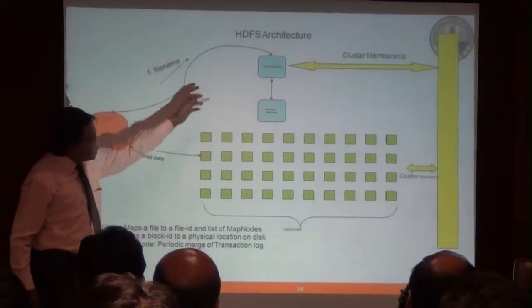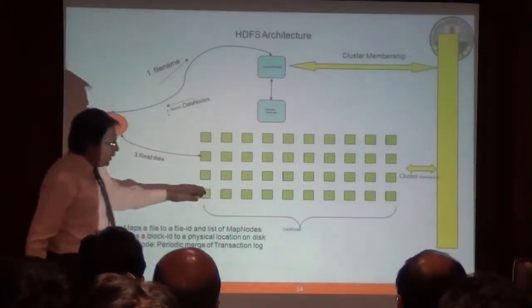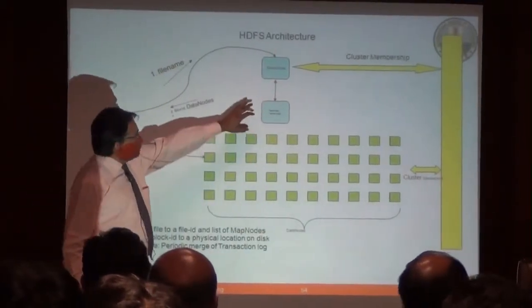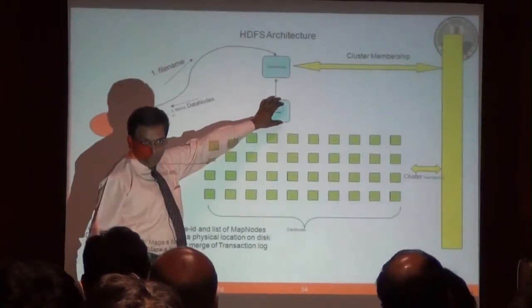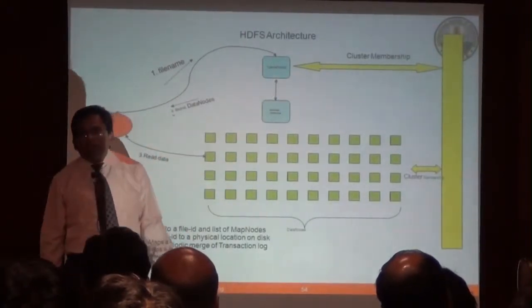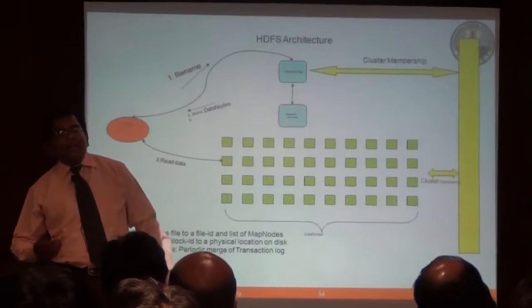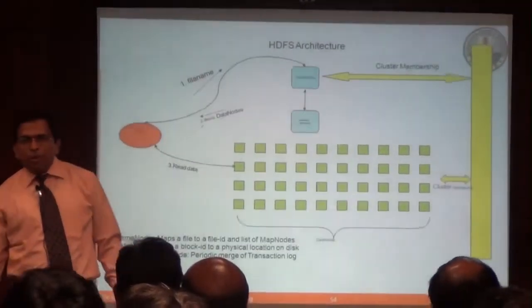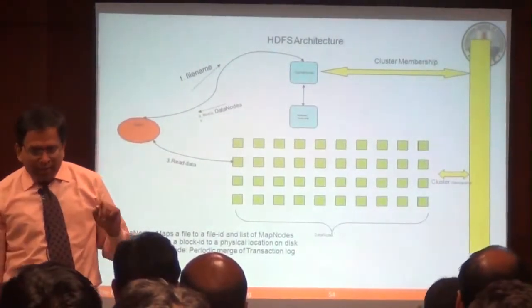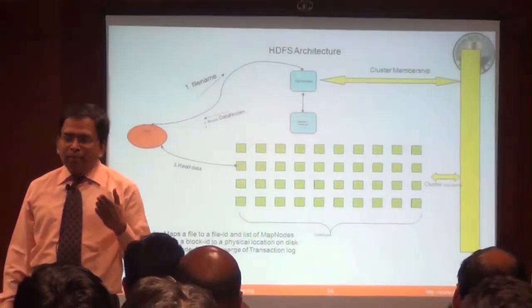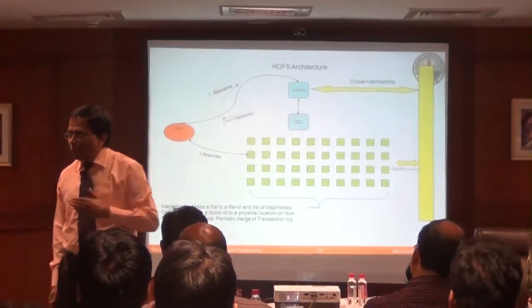The name node is controlling all the data nodes. There is something called a secondary name node. What it does is to keep copies of the metadata maintained by the name node. Secondary name node is not a fail-safe mechanism for name node.